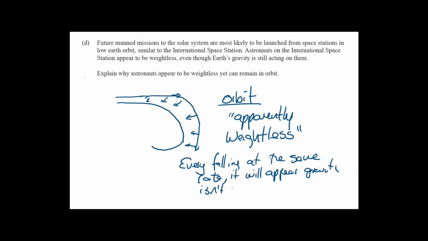So you will appear weightless. You're in what's called microgravity, which means you're still being pulled by the Earth, but you're also moving sideways. And the sideways means that the Earth is always tilting away from you at the same rate that you're going forward, and you're getting pulled around that curve.